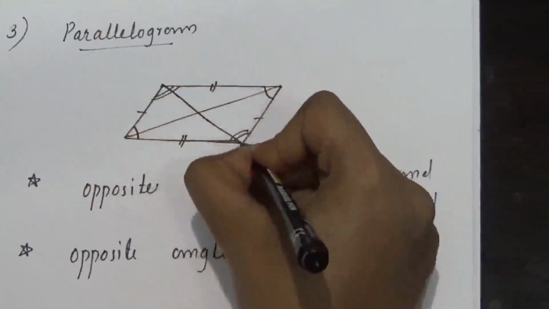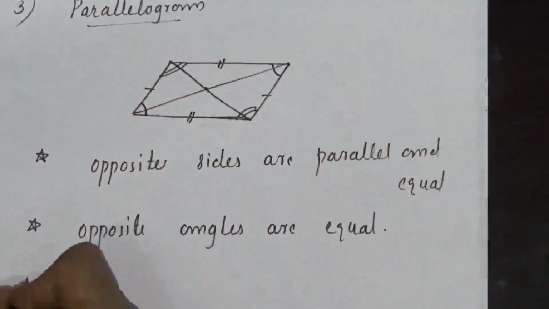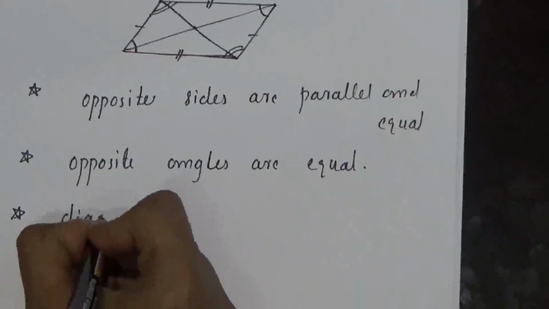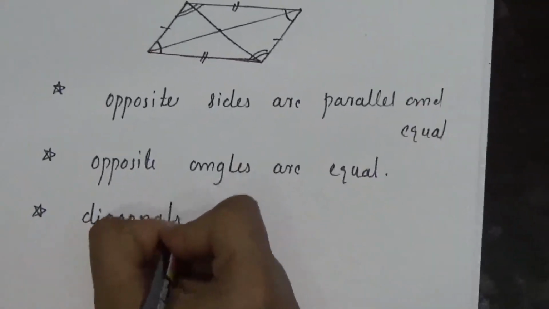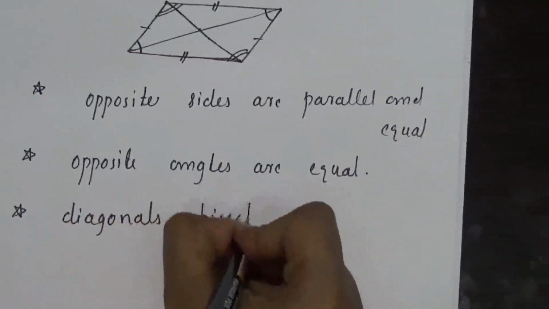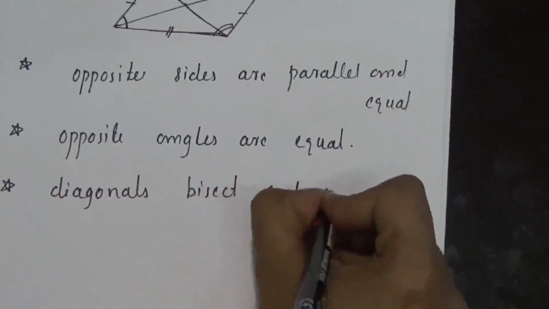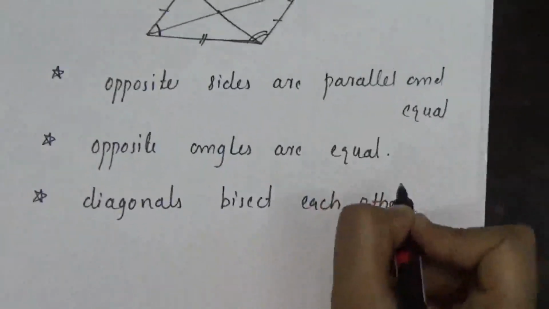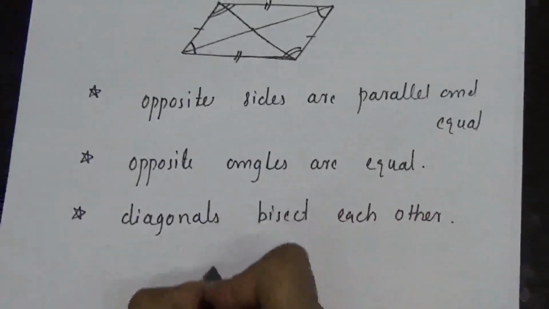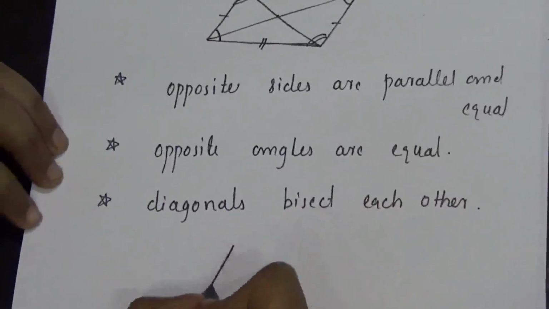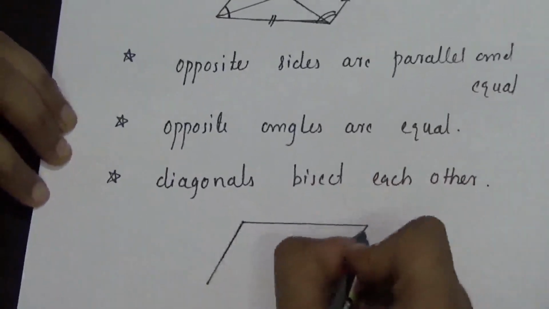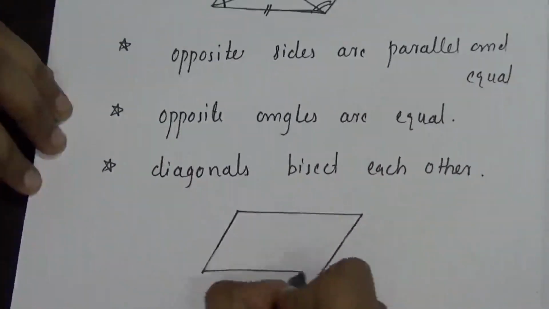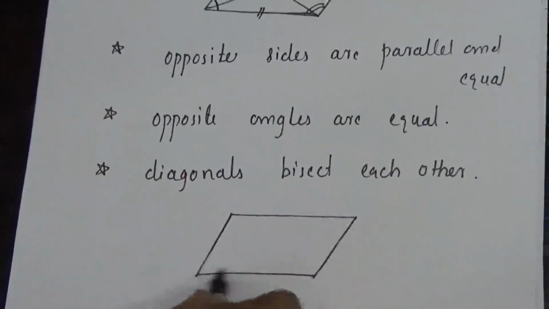Diagonals bisect each other. Okay, now what about area? So let's draw once again the same parallelogram, the quadrilateral with the opposite sides parallel and equal.